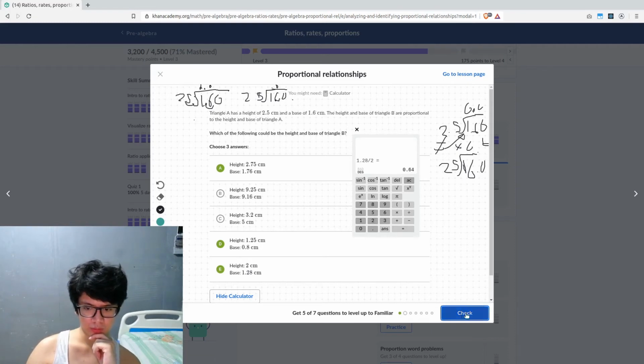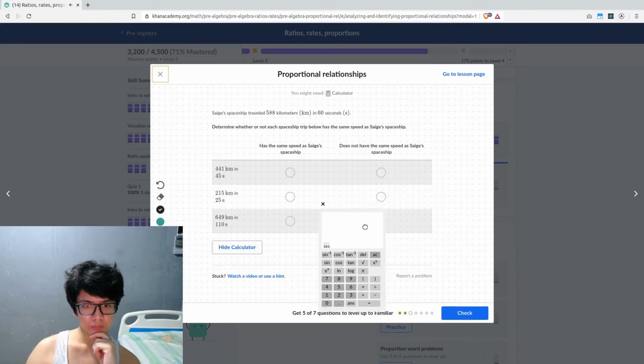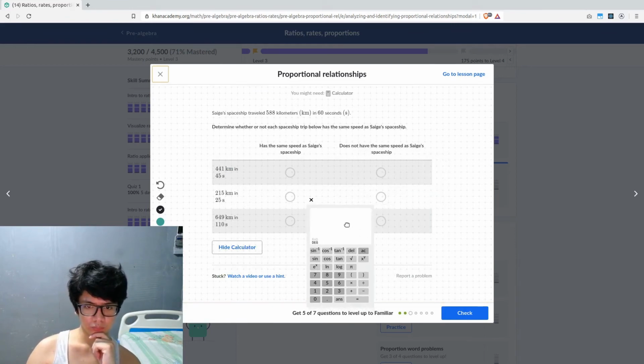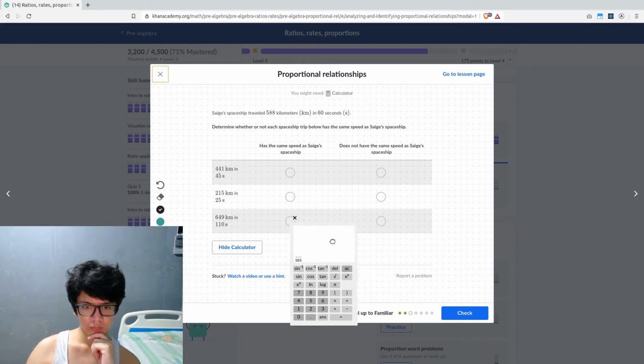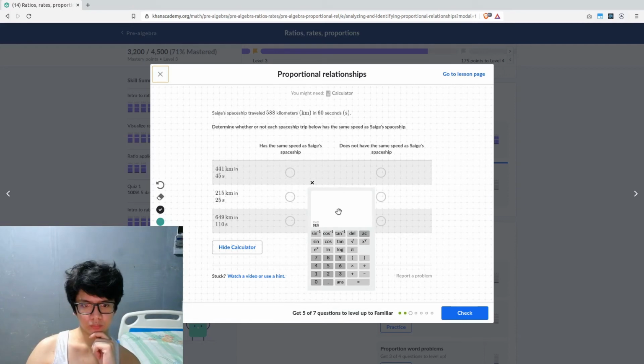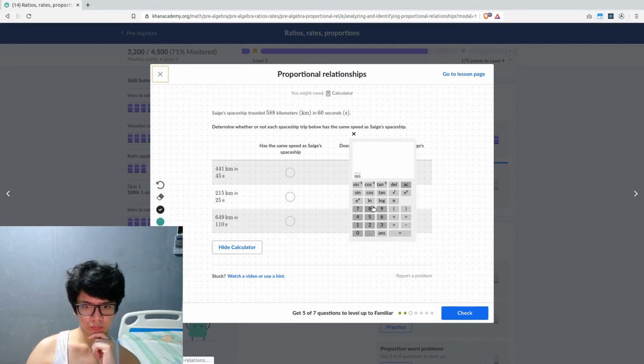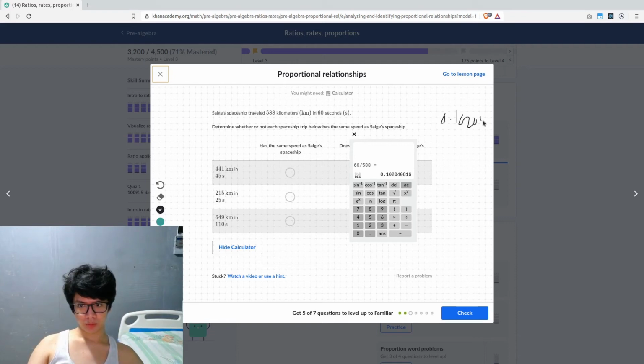That doesn't make sense. So, am I supposed to weigh 60 divided by 580? Wow, cool.